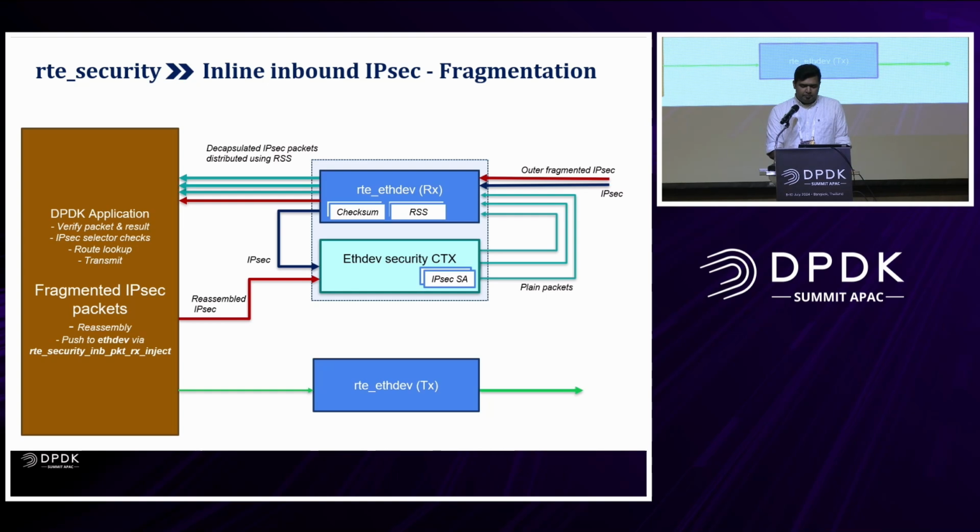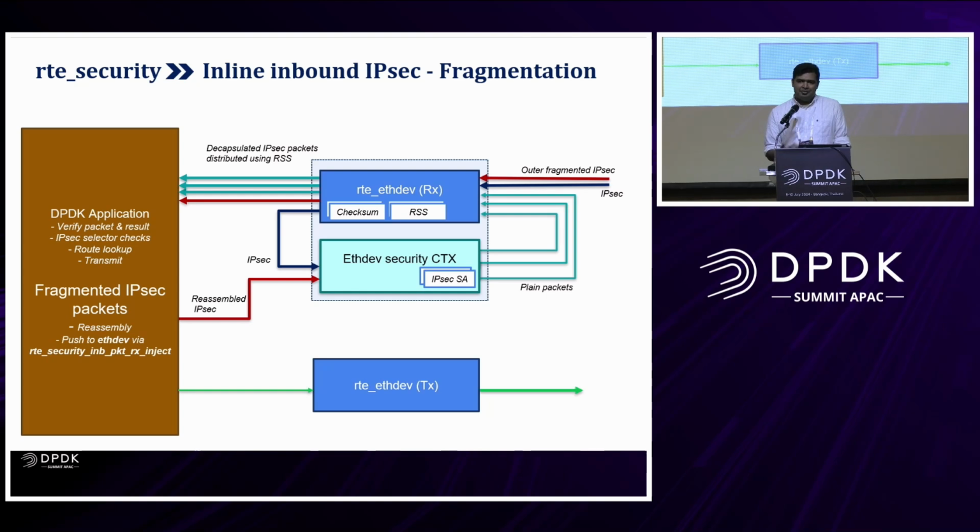So in order to solve that, we introduced this new API, RT Security Inbound Packet RX Inject. On capable devices, the application can reassemble a packet and push it to the Ethrev security context using this API.